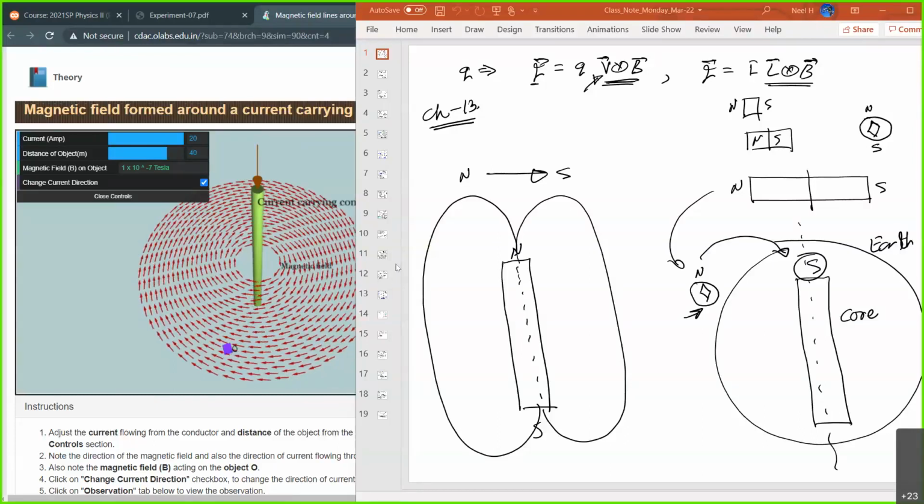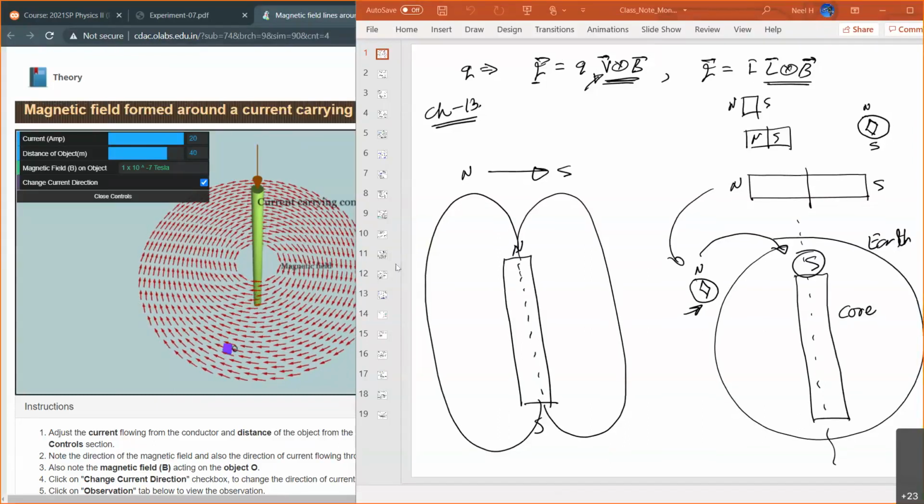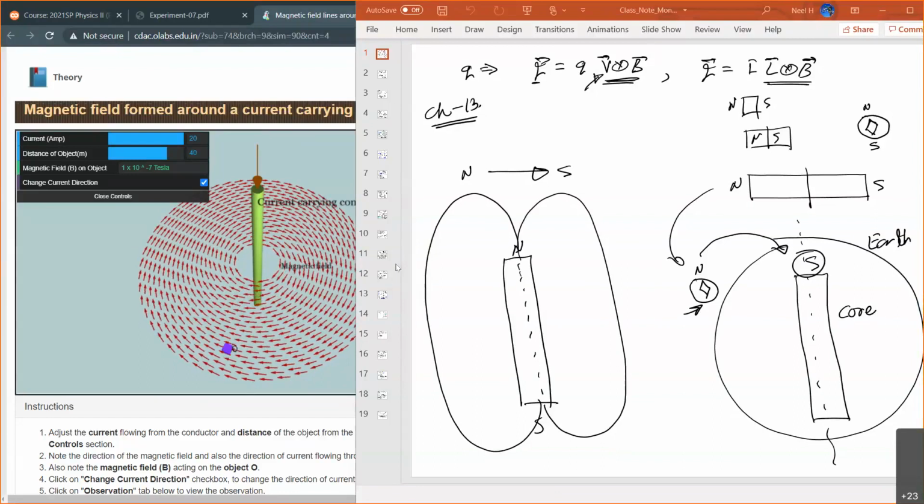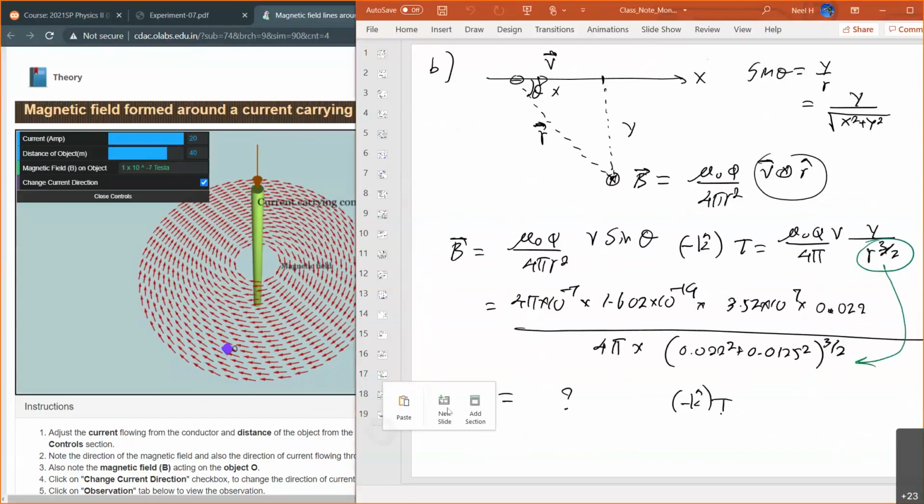This is the second law which we discussed in the last chapter, Ampere's law.